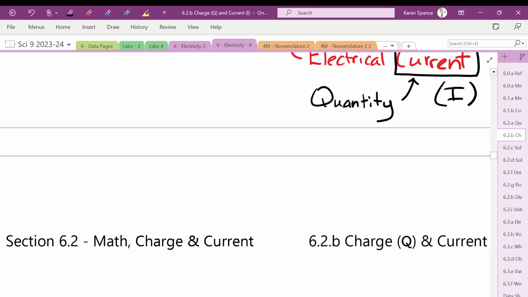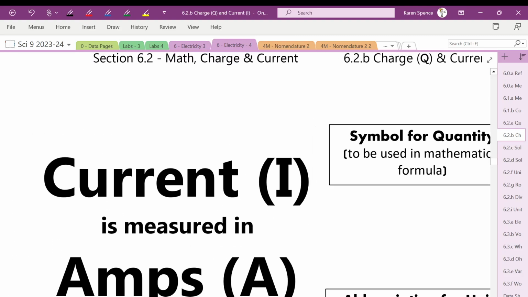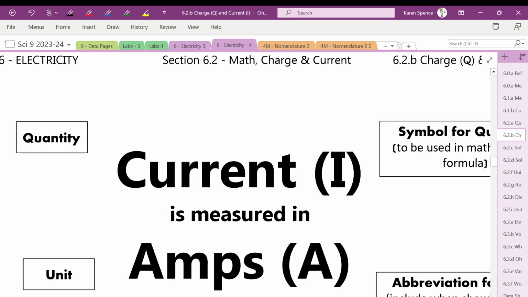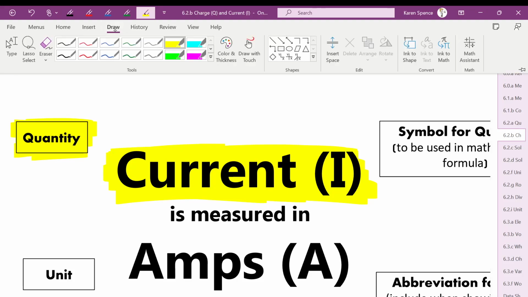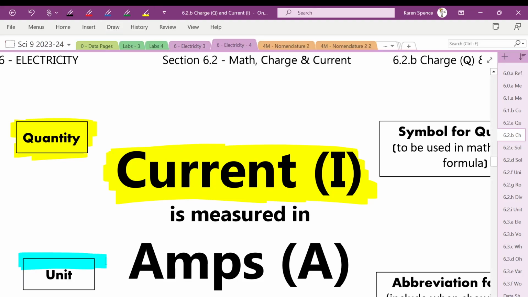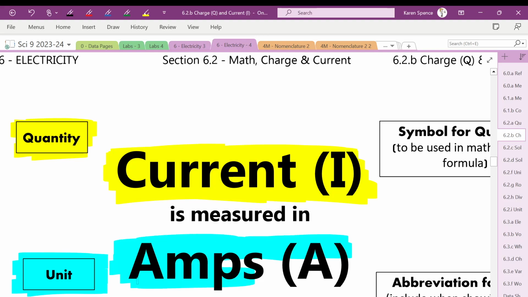Current, our quantity, which I said is abbreviated I, as strange as that may seem, is measured in the unit most often referred to as amps, which is abbreviated, thank goodness this one makes sense, A.